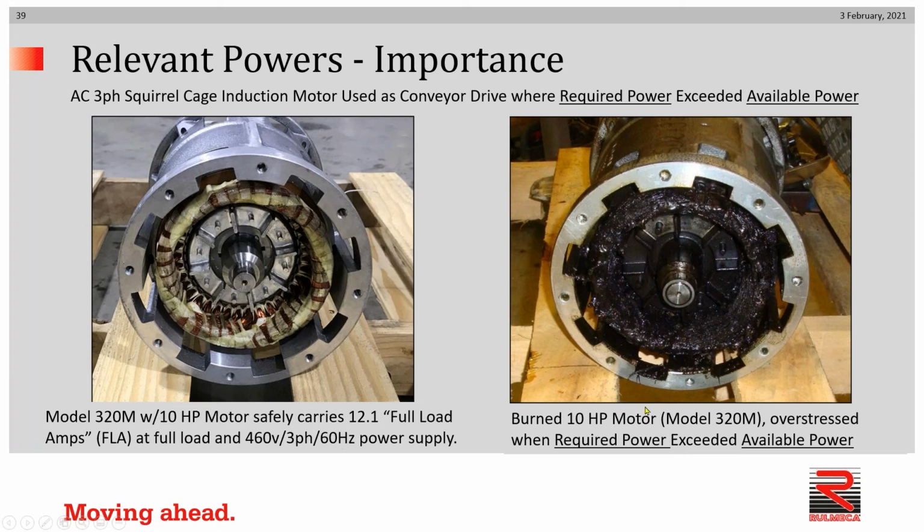The example on the right of a burned motor shows clearly that the motor has been overstressed when required power exceeded available power, and the failure mode here is a generalized burn due to overheating of the stator wires. More current was attempted to be drawn through the stator than the motor was designed to handle.